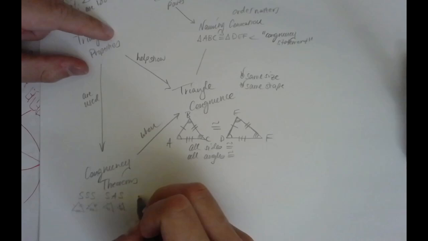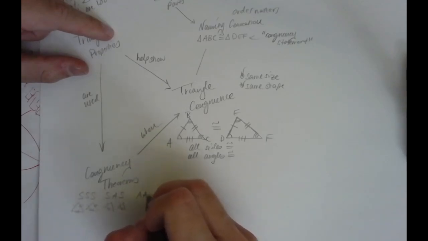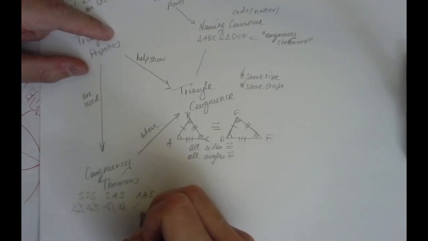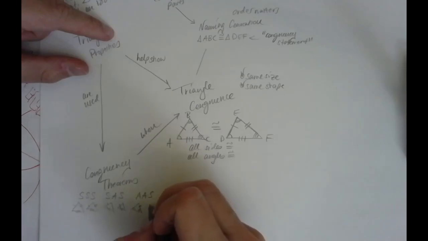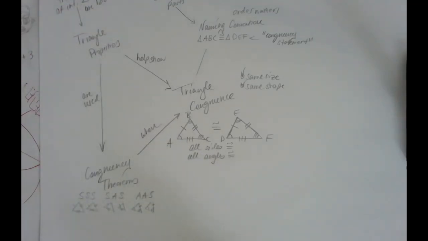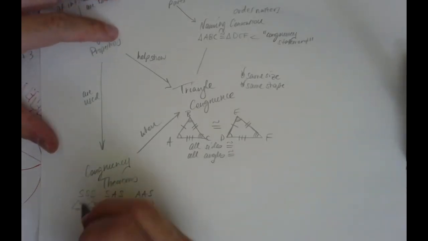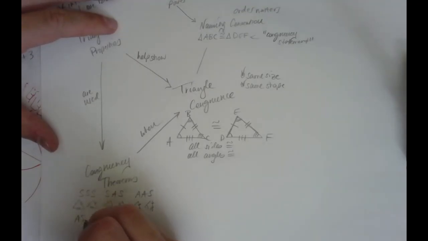We have also, let's see what was next, probably angle, angle, side. So we have an angle, and then a shared side. That would look like this, an angle and a shared side. We also have angle, side, angle.